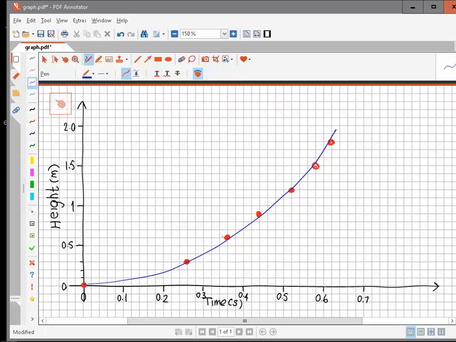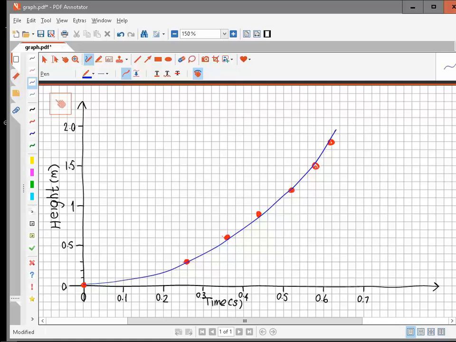Let's see if we have all the elements of a good graph. Our axes are labeled with the unit, so we're explaining what the quantity is and the unit of the quantity, which is meters, and we've done that on the x-axis as well, time, seconds.